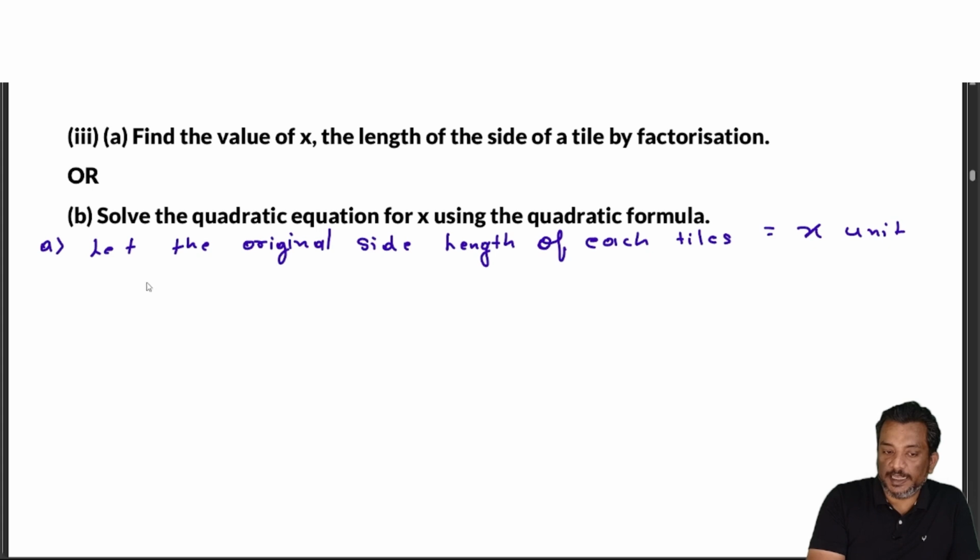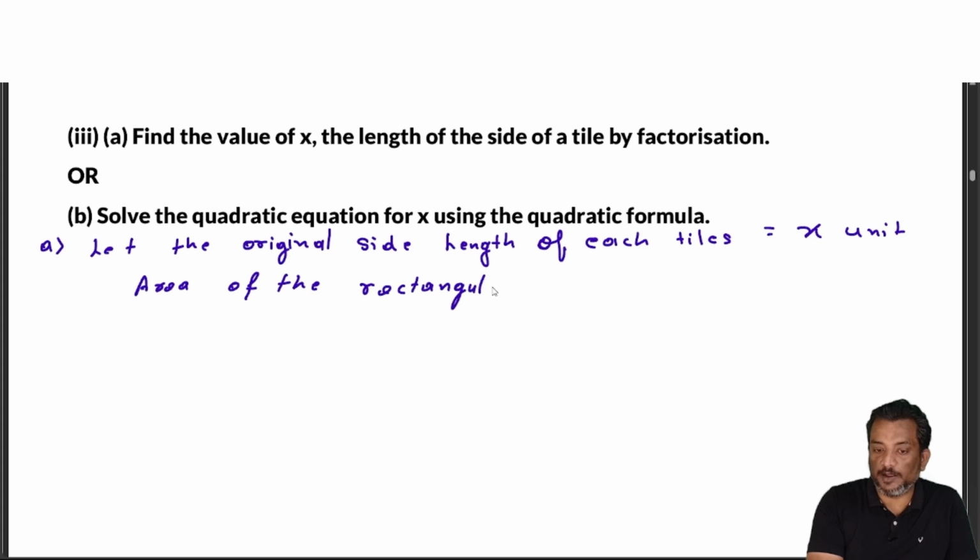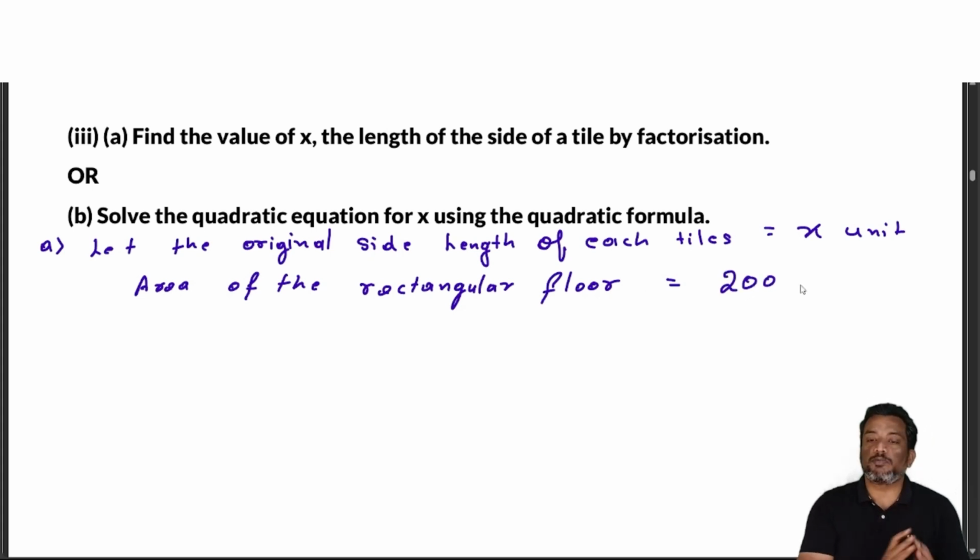So we can say area of the rectangular floor is equal to, we can say number of tiles is how much? 200, and each tile is in the shape of what? A square. So a square area is what? You can say x square, side into side, you can say. So which means 200 x square.